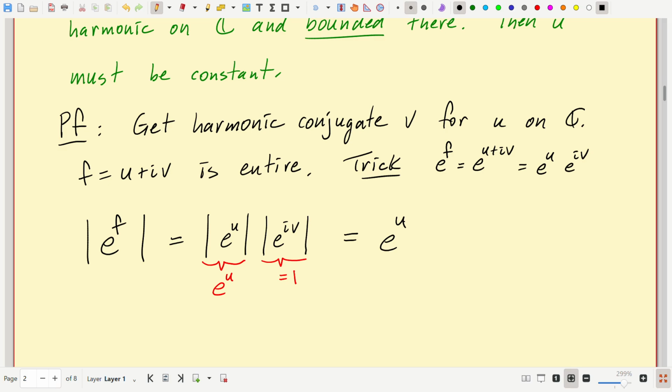And if u is, this is interesting, I'm only having u bounded from above. So let's say u is less than or equal to m, then this would be less than or equal to e to the m, because the exponential is a strictly increasing function. And of course, e to the f is an entire function.